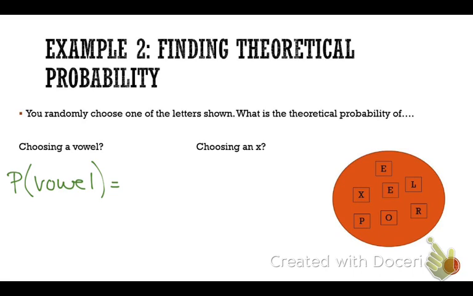So how many vowels are there in this set? 3. There are 3 out of how many total tiles? 7 tiles. Okay, so for this one, it's not going to be an even percentage. That's okay. I'm going to round to the nearest percent.